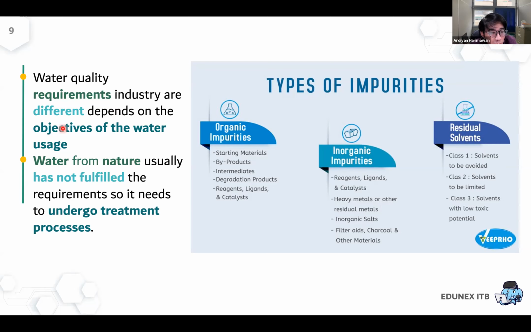And we know for sure that water that you get either from surface water, or from deep water, the well water, will not be suitable if you use it directly for the process. So water from nature usually has not fulfilled the requirements. So it needs to be treated. So it needs to undergo the treatment process.